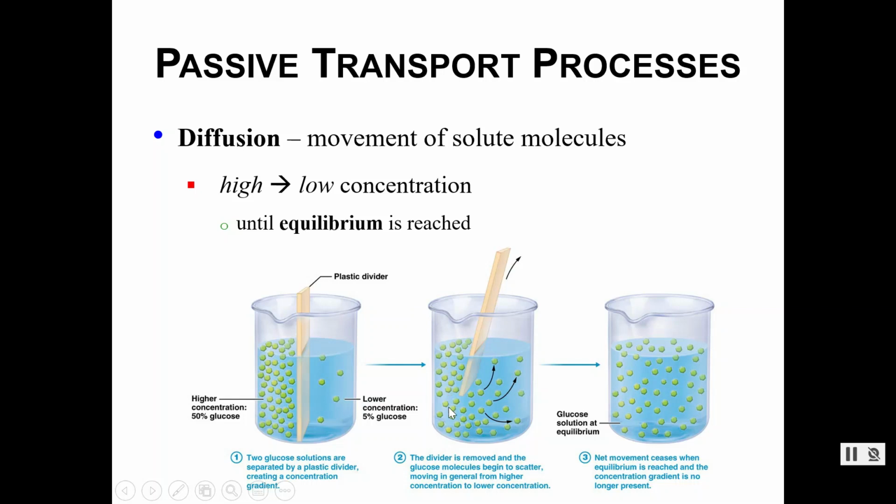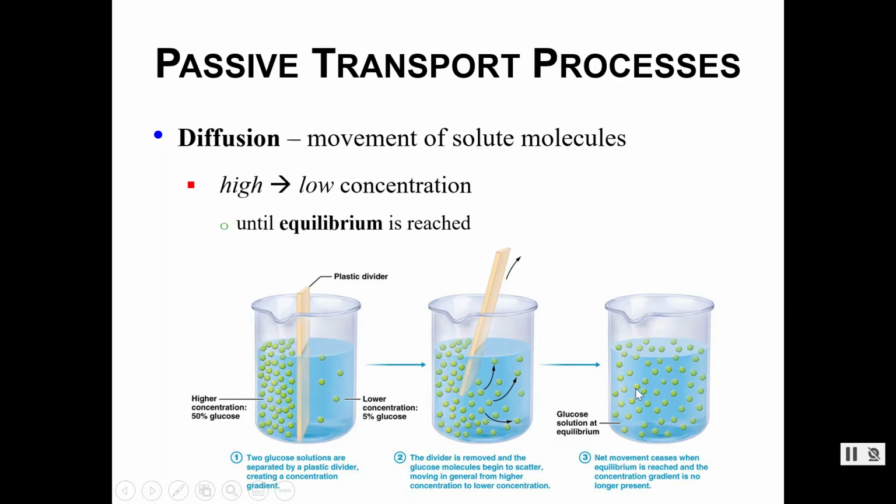Notice what happens when we remove our plastic divider. Quite a few of the molecules, the glucose molecules specifically on the left, hurry over to the right side, and they are going to continue to move until we have reached equilibrium. Now, equilibrium is reached when all of the molecules are fairly evenly spread out, and we refer to equilibrium as no net movement.